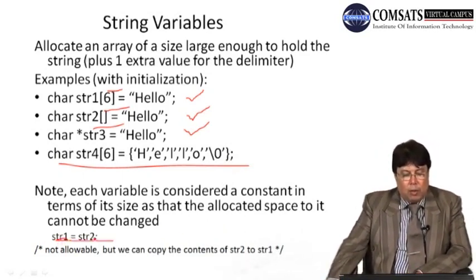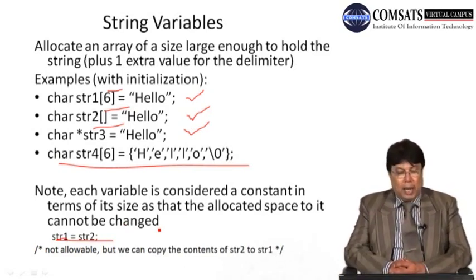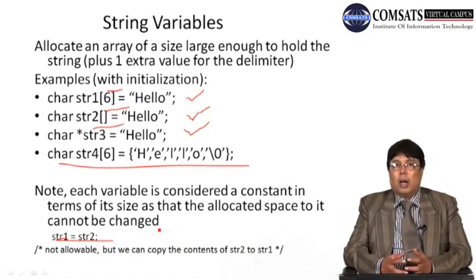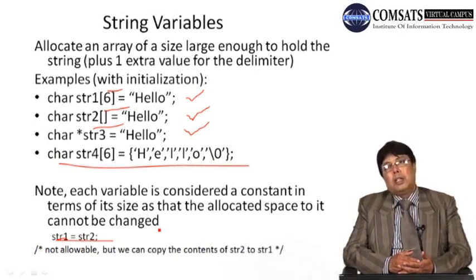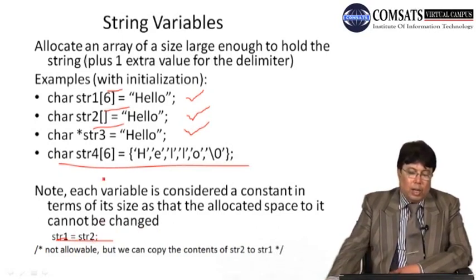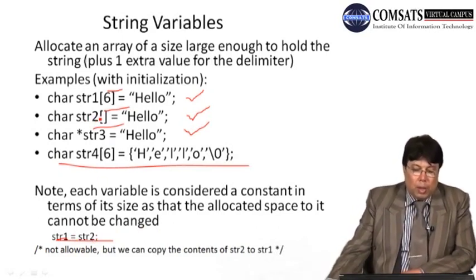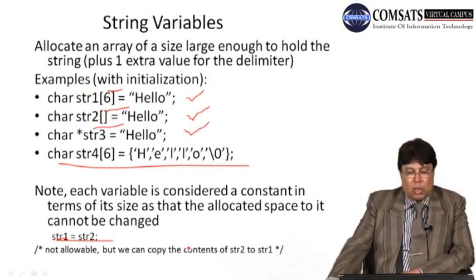Can we say string 1 is equal to string 2? अब ये जो equal वाला concept है, मैं equal to वाले sense में, equal sign वाले में बात कर रहा हूँ. Can we say that string 1 is equal to string 2? No, because they are not the ordinary data type. They are a pointer, they are the name representing the set of memory locations. So you cannot say that string 1 is equal to string 2, because string 2 is a character constant. String 1 is also a character constant.